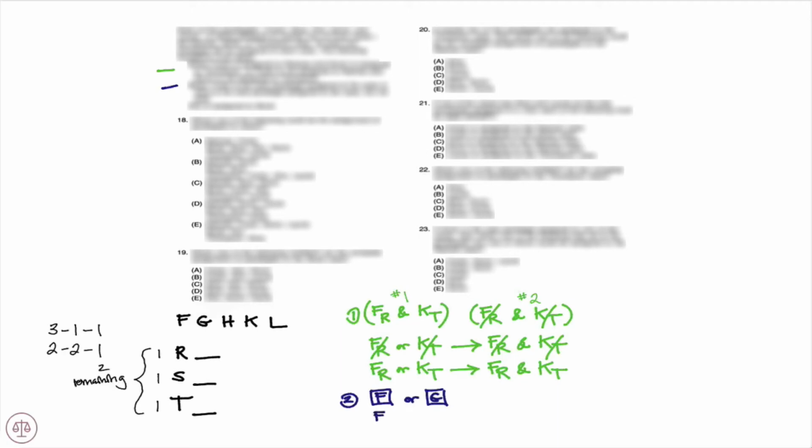So if Frank is not alone, then Gina is alone. Contrapositive, if Gina is not alone, then Frank is alone. But that's not it, because it also told us not both. So we know that if Gina is alone, then Frank is not alone. And if Frank is alone, then Gina is not alone.